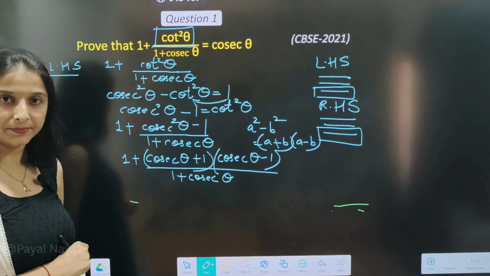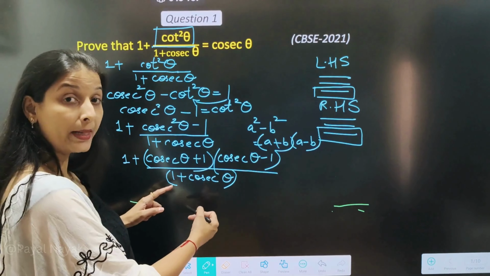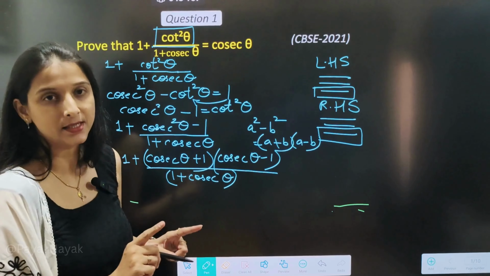But if it would have been a negative sign, that means if this is cosec theta minus 1 and if this is 1 minus cosec theta, then you cannot cancel it, right? But here you can cancel this. So now what are you left with? 1 plus cosec theta minus 1. So you can just cancel out this and you are left with your RHS.